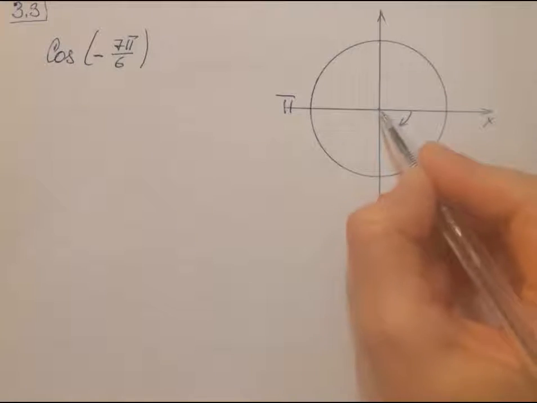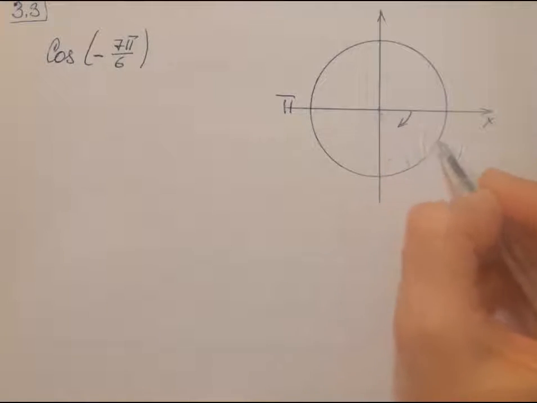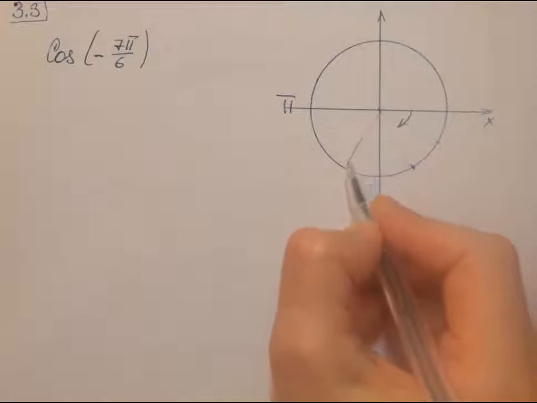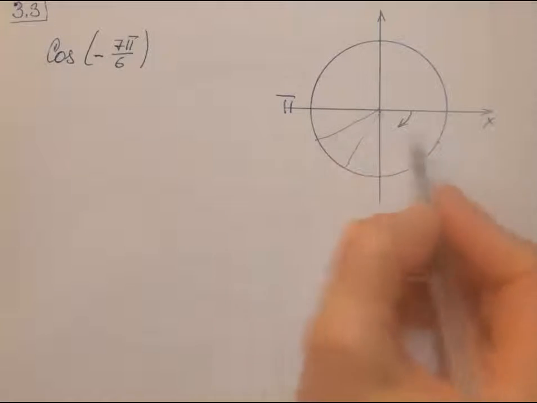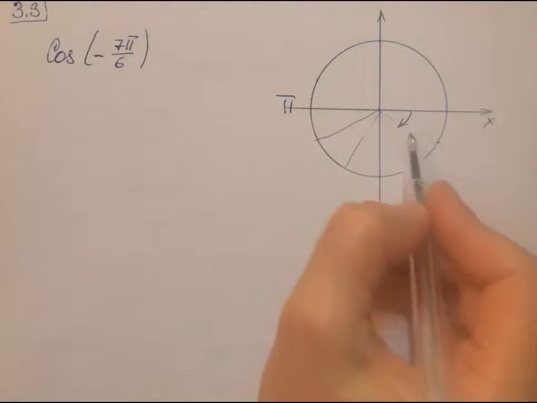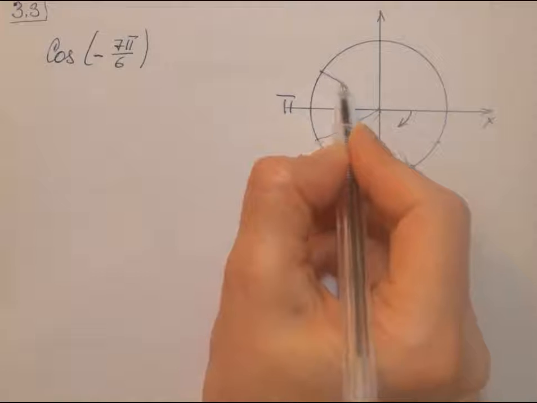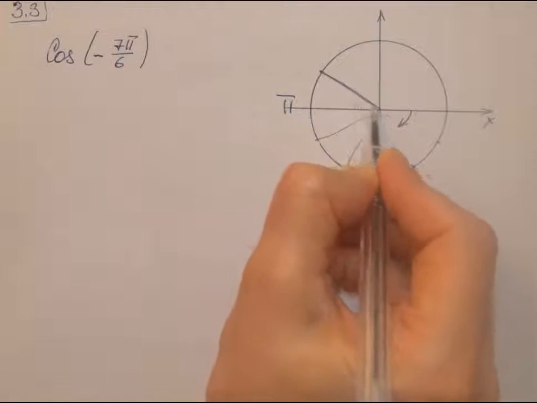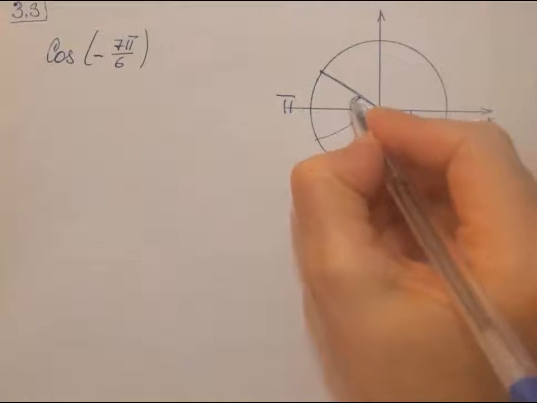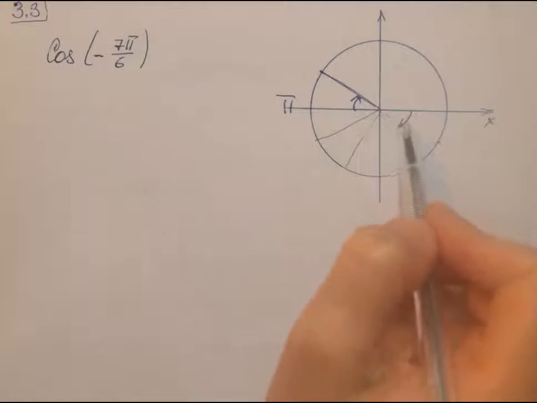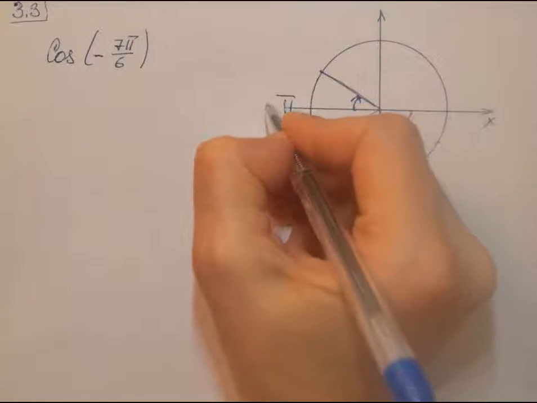Each quadrant contains 3 increments, pi over 6 each. So the half of a circle consists of 6 such parts, 6 pi over 6. We need 7, so it is the next pi over 6 in this direction from pi.